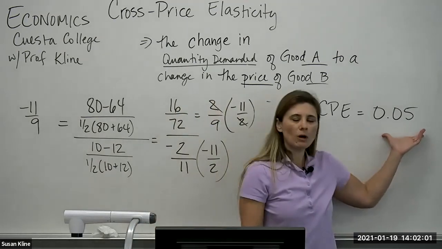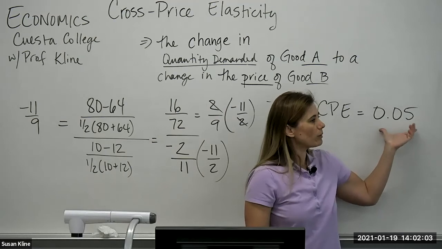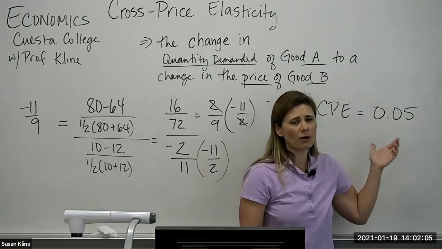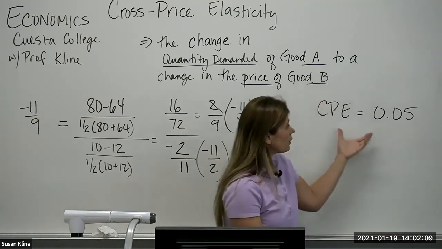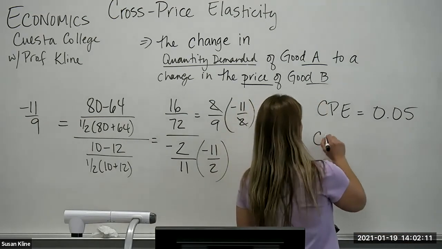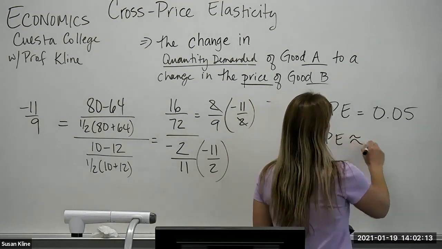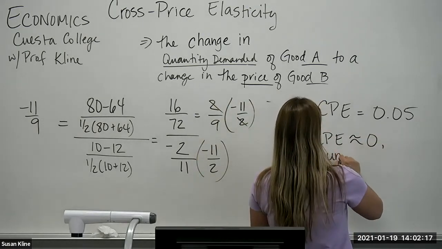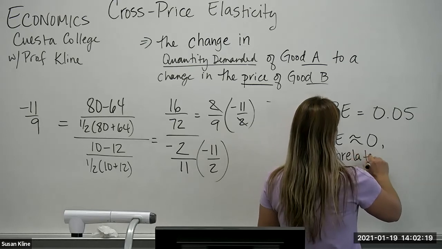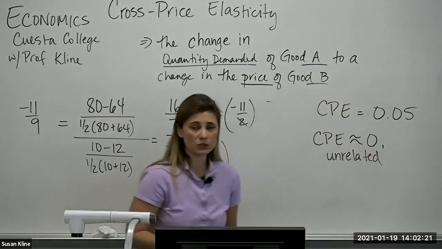But with such a small number, right, we would want to know what those two items are because really it looks more like they're completely unrelated. So the closer it is to 0, approximately, the more likely they are unrelated, that there is no relationship between the two goods, right?